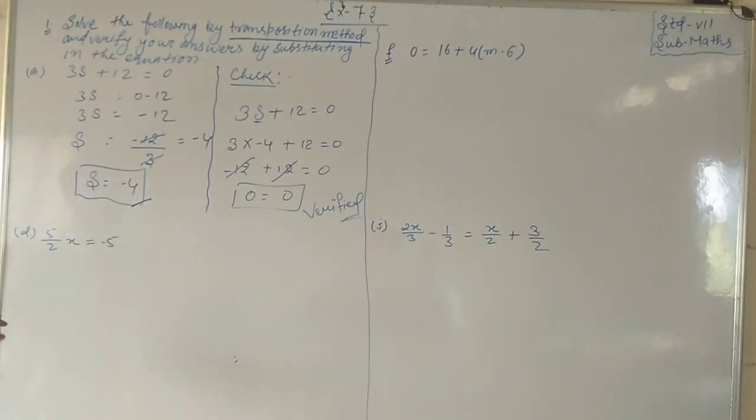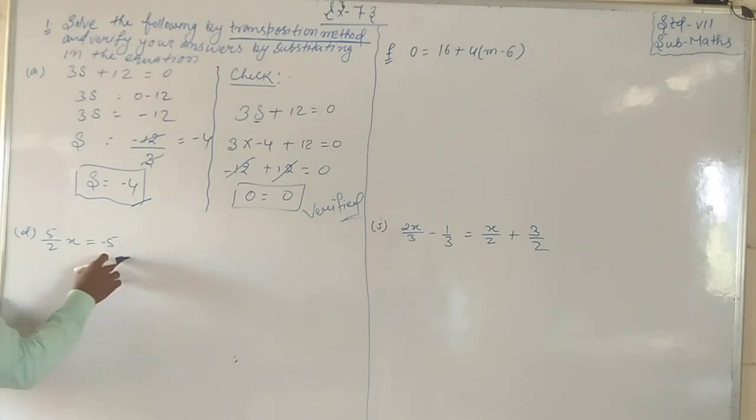In the same way, see how the next question will be solved. After A, I am giving question number D. Students, B and C you try by yourself. So 5 by 2 x is equal to minus 5. 5 by 2 is the numerical value and x is the literal, and both are in multiplication.